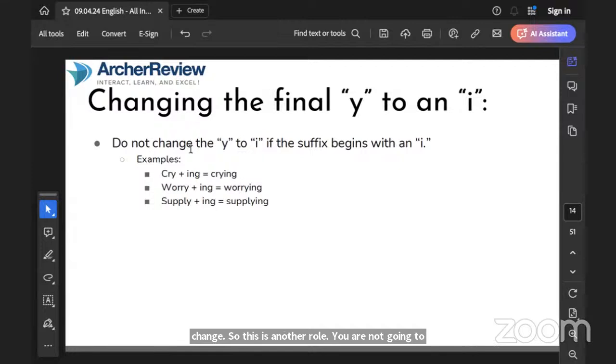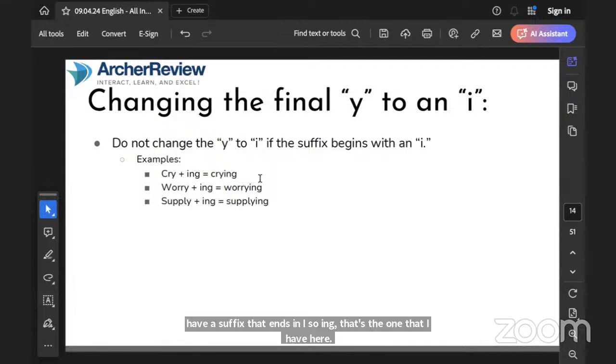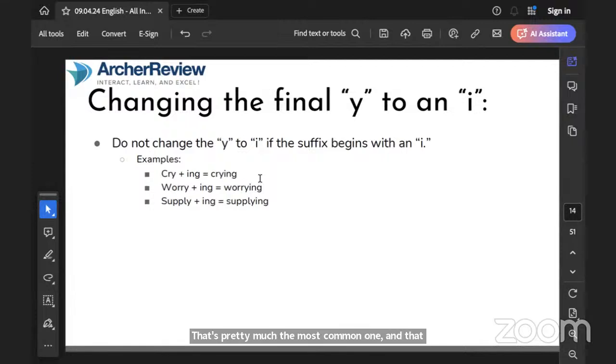So if you have a suffix that begins with an I, like ING, that's the one that I have here. That's pretty much the most common one that begins with an I. So if I have the base word cry, C-R-Y, the Y has a consonant R in front of it.